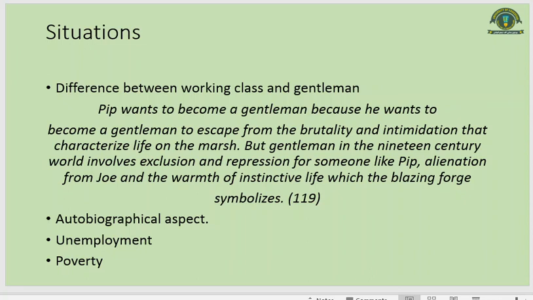A gentry class is always in demand, with people wishing to become a gentleman from a lower middle-class boy. Pip wants to become a gentleman to escape from the brutality and intimidation that characterize life on the marsh.